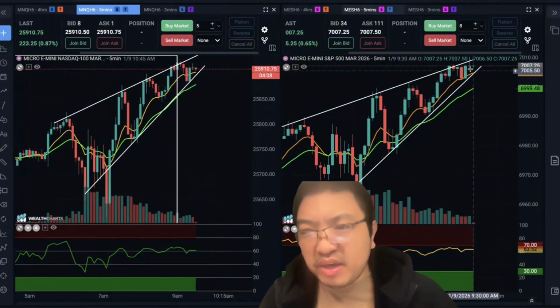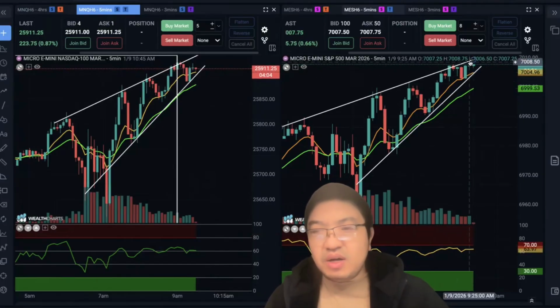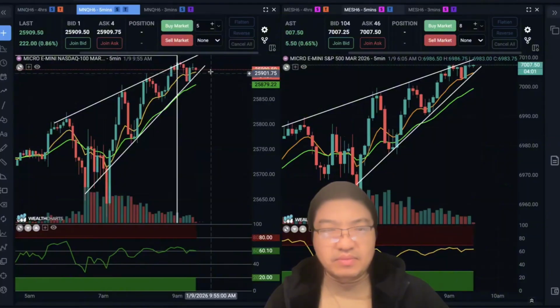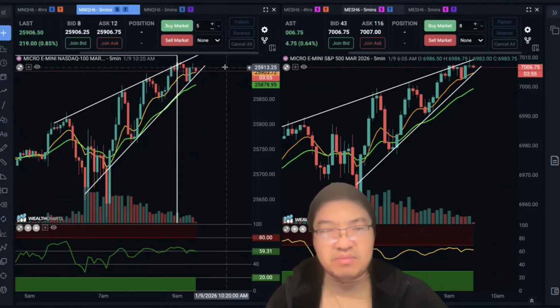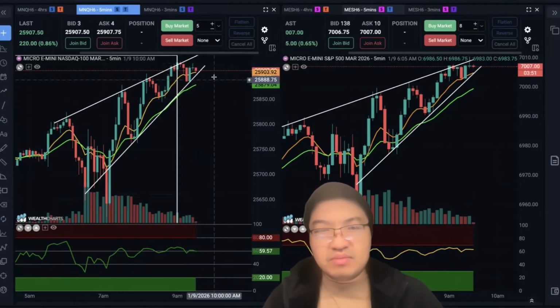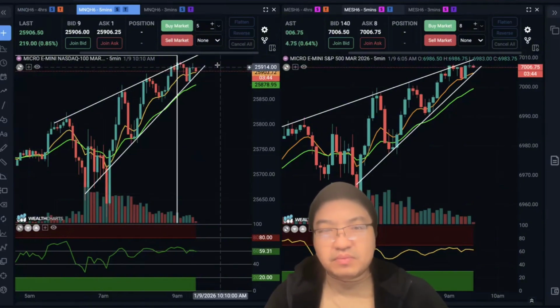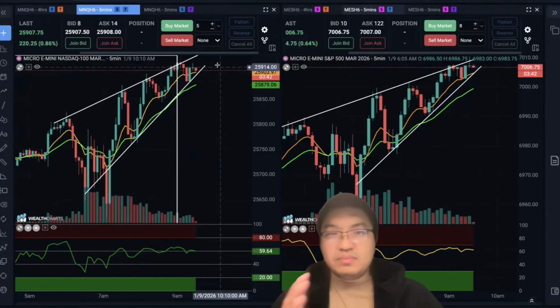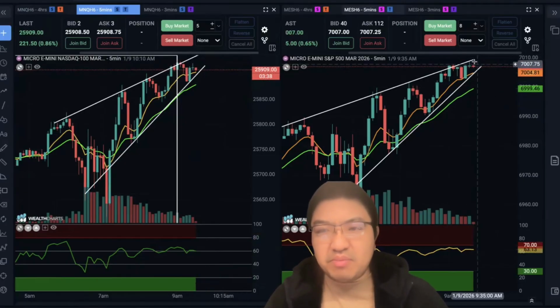But we see for ES, it gets rejected on the upper bound of this channel, while the NQ shows some downward intention. That means it does not even reach the top. It's not on the same page as ES.